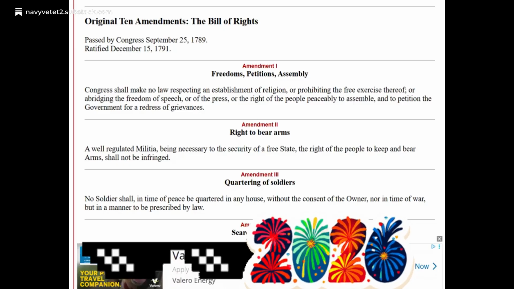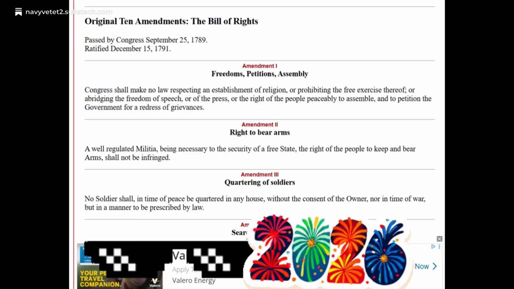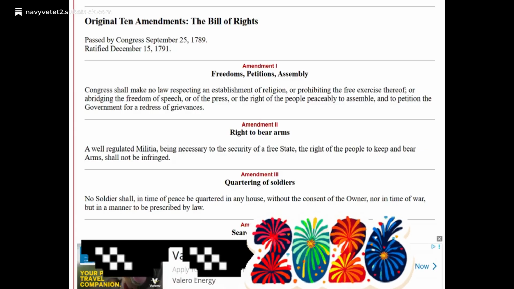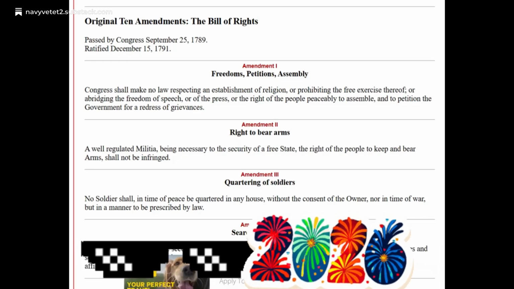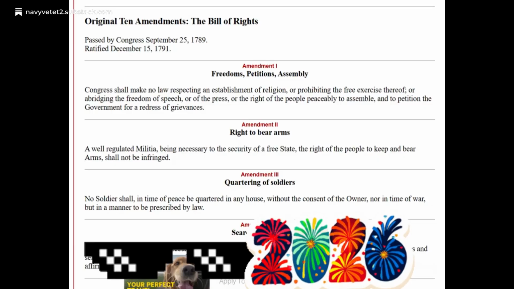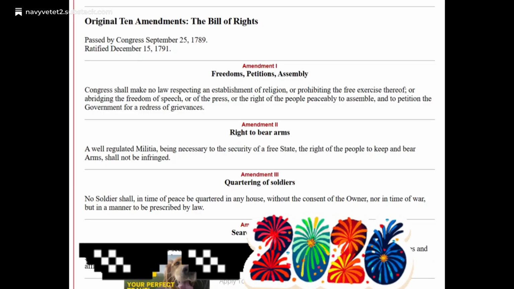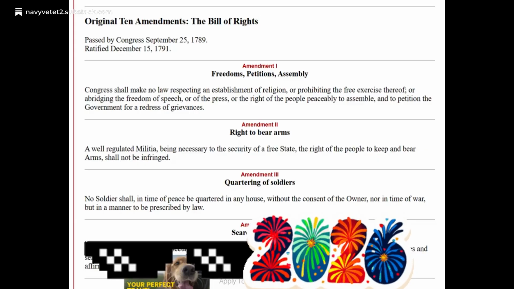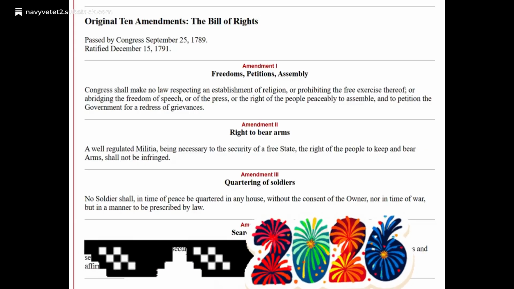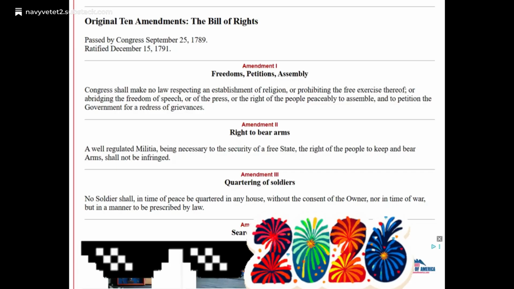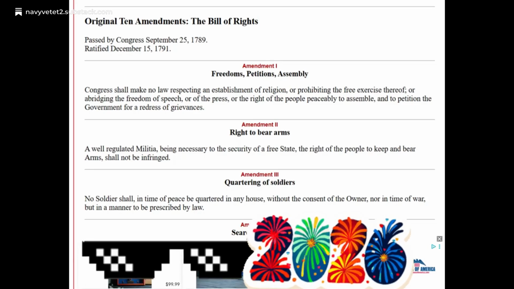Okay, the First Amendment is remarkably brief considering the breadth of the protections that it provides. The section of the amendment prohibiting Congress from making any law respecting the establishment of religion is the cornerstone of the American notion of separation of church and state, and the guarantee of the free exercise of religion has proven a powerful means by which people have been allowed to express their religious beliefs without fear of government reprisal.